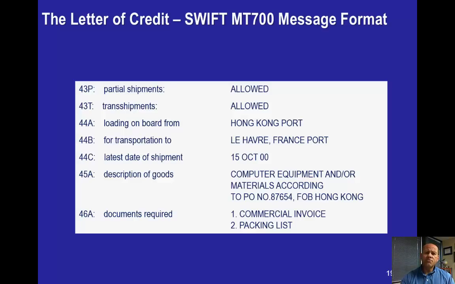What are the documents required? So as a seller, you want to make sure that the documents required under the letter of credit are ones that you can produce. You don't want to accept the submittal of documents that you're dependent upon the buyer to give to you, because that can set you up for discrepancies.